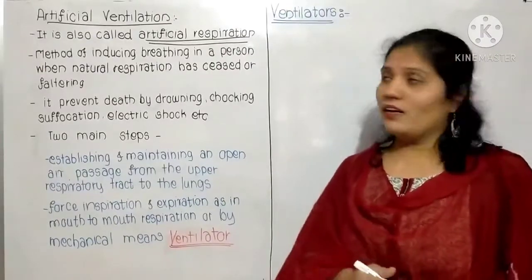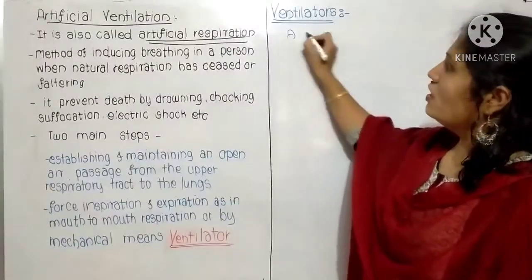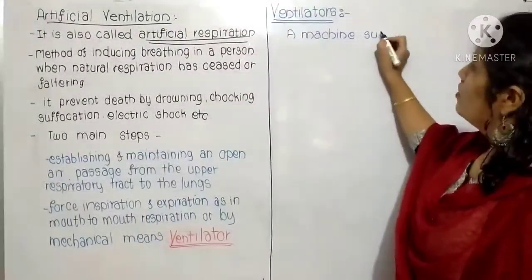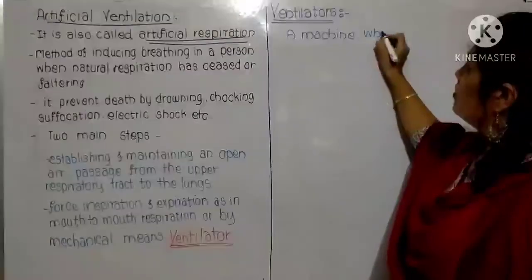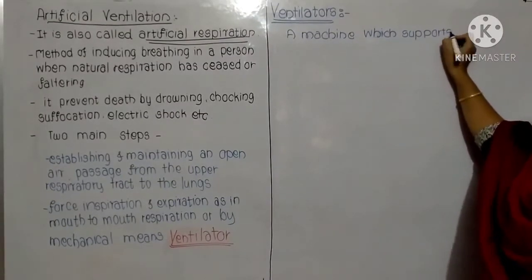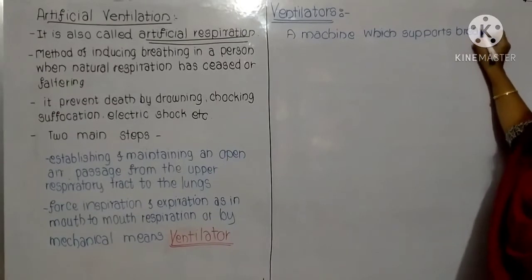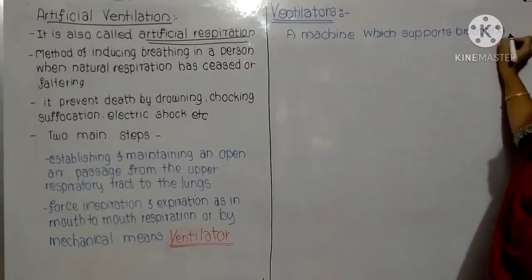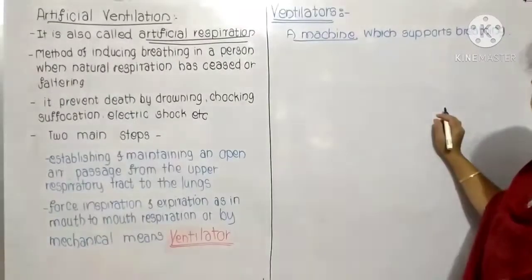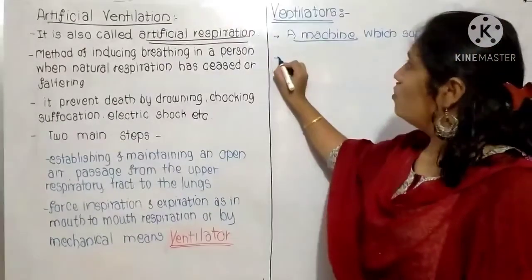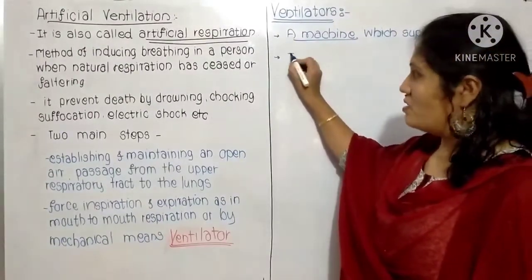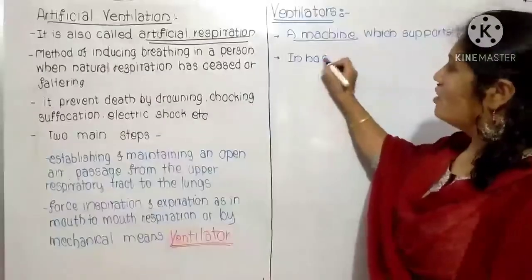So what is a ventilator? A ventilator is a machine which supports breathing. If a person is unable to do natural breathing, this machine provides breathing support. It gives extra support for breathing purposes. This machine is used mainly in hospitals, though at home also you can bring it. Why do they use it in hospitals?